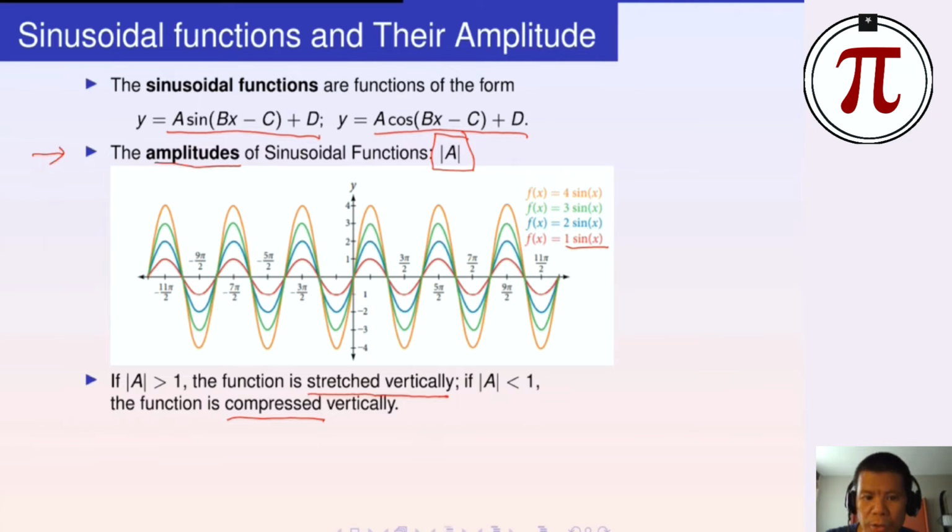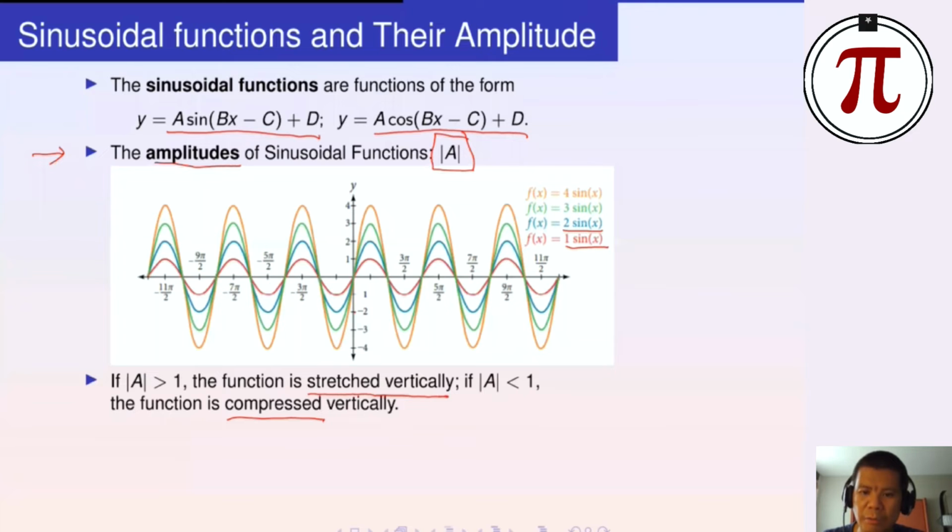When f(x) equals 2 sine of x, it's -2 to +2. So it is the maximum minus the minimum divided by 2.